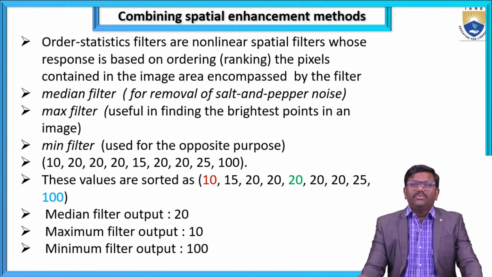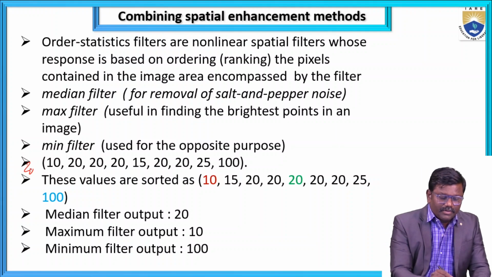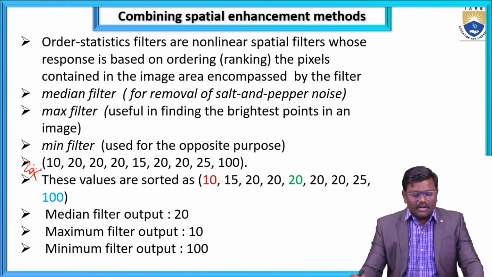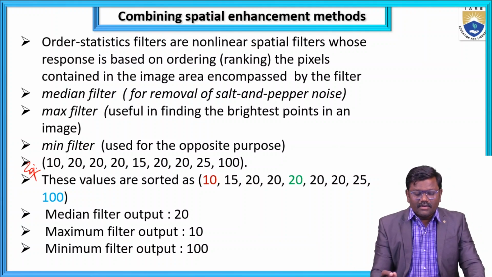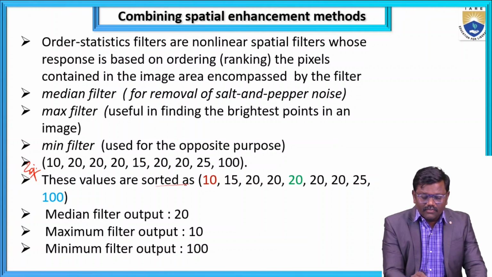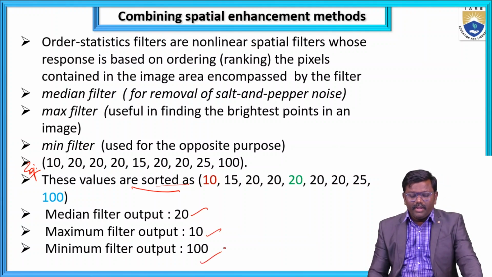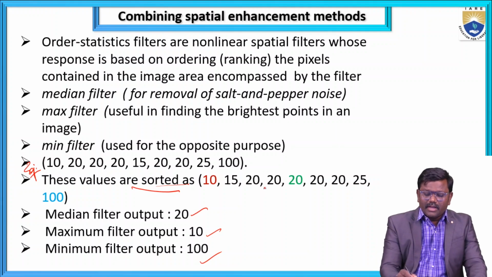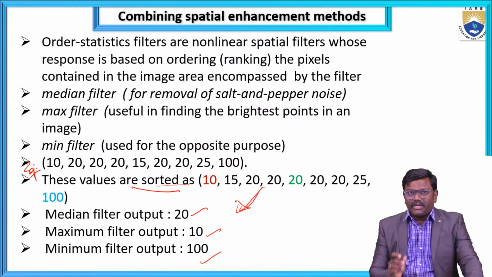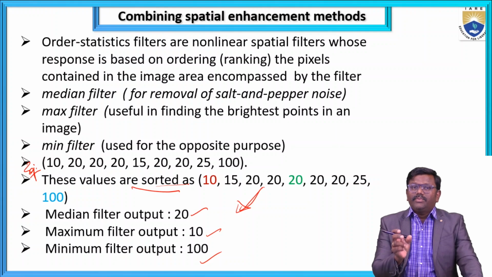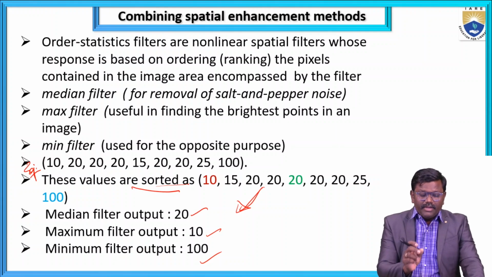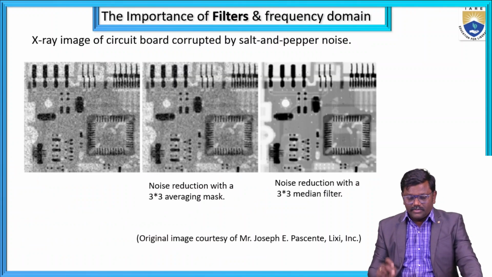The min filter is used for the opposite purpose. We can understand this with an example, applied in sorted order: the median filter output is 20, the minimum filter output will be 10, and the maximum filter output will be 100, which we get from the values. That is the range of the filter detected according to the median, maximum, and minimum filters.